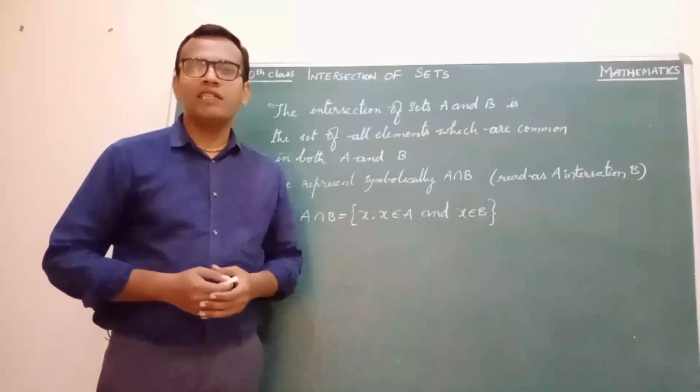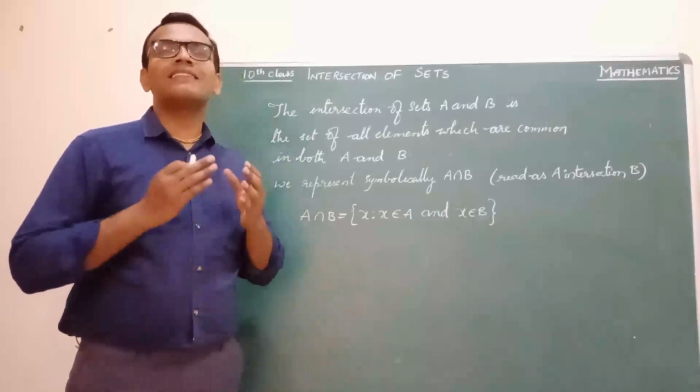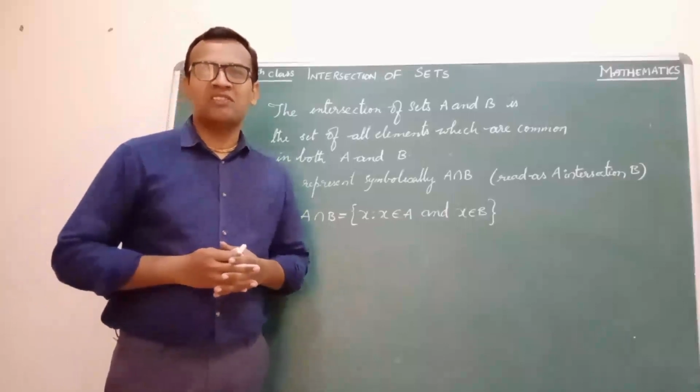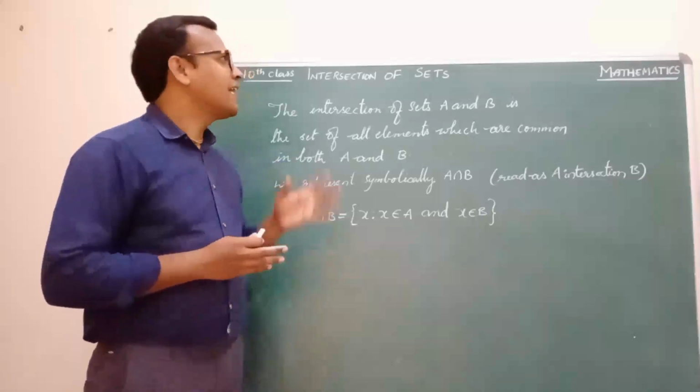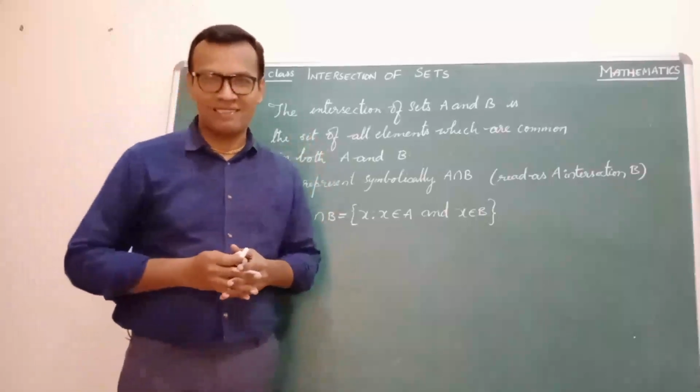Students, we have seen A union B. Now, let us see the second operation on sets, that is intersection of sets. So, what is intersection of sets?